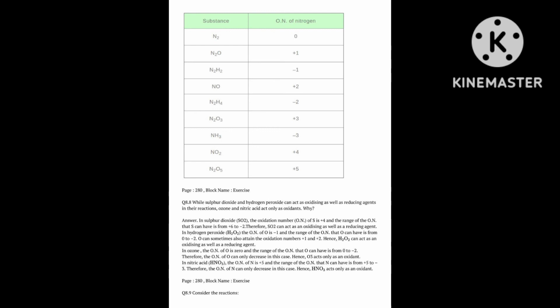By doing this, 1 Mn means plus 7, so 2 Mn means plus 14. You write 2 Mn on the left side, because Mn was already balanced, and then on the right side you also write 2 MnO2.